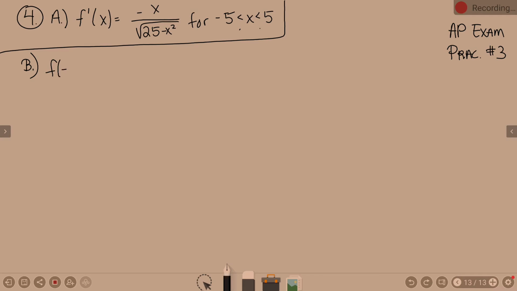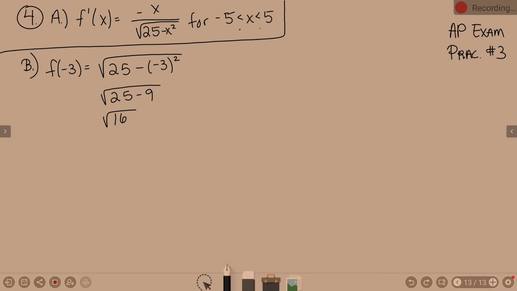So let's plug in -3 to the function. The original function. So keep in mind, they didn't tell me f of x again, but you go back to part A, right? So the original function being the square root of 25 minus x squared. So we're going to do the square root of 25 minus -3 squared. Do some math. 25 minus 9, 16.